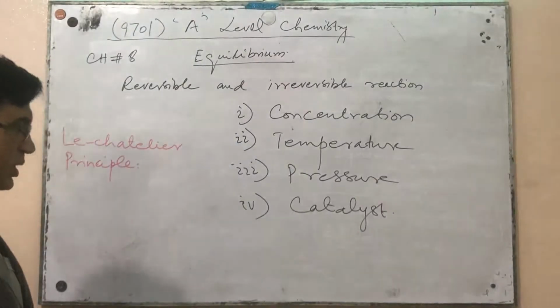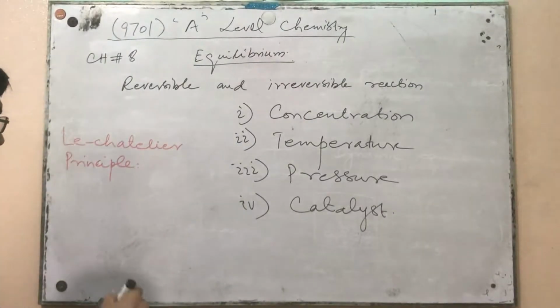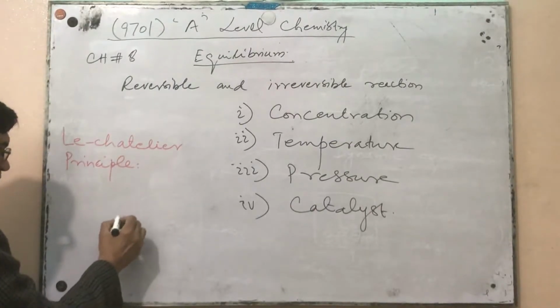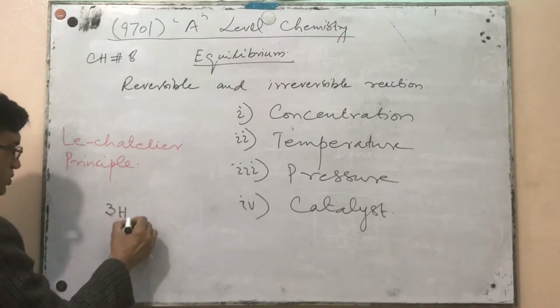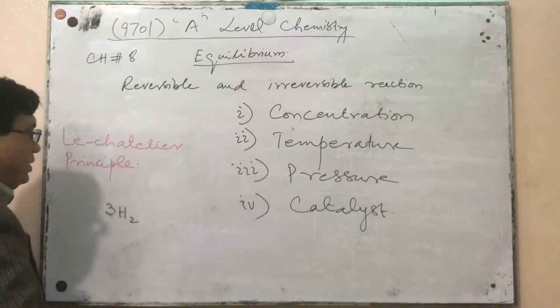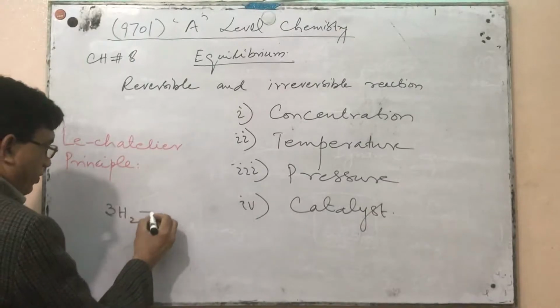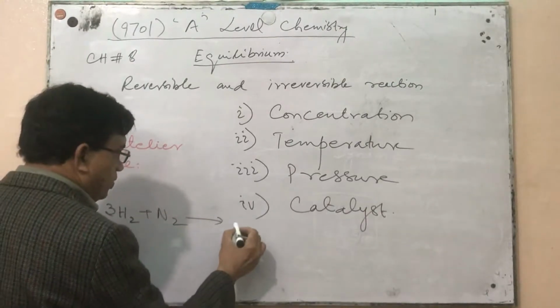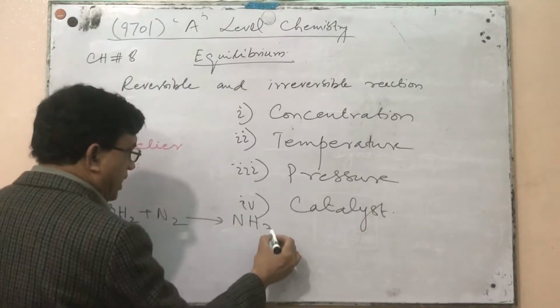Now, if we take the example of ammonia formation, for example, we know that 3 moles of hydrogen reacts with 1 mole of nitrogen and changes into ammonia gas.